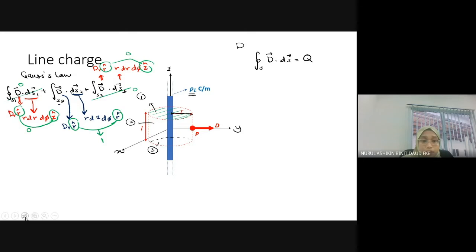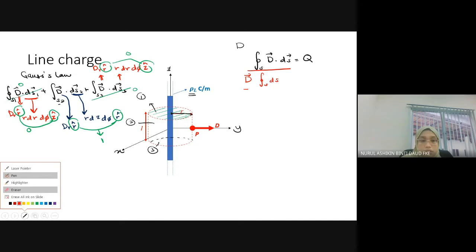So only this part is left behind. It will be D dot dS, where D is D_r and dS is r dphi dz. I forgot to write the integral.